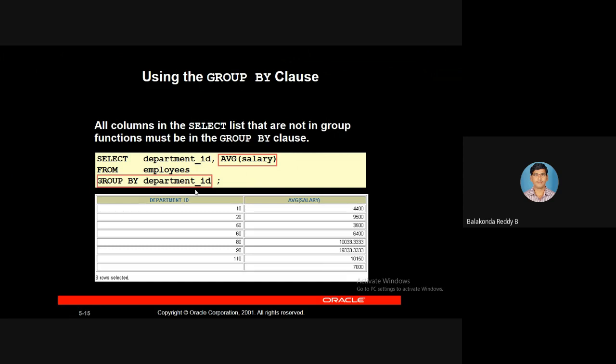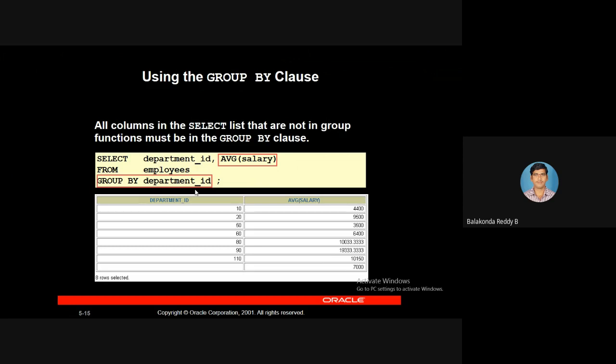Select branch, comma, count of S roll number from student, group by branch.